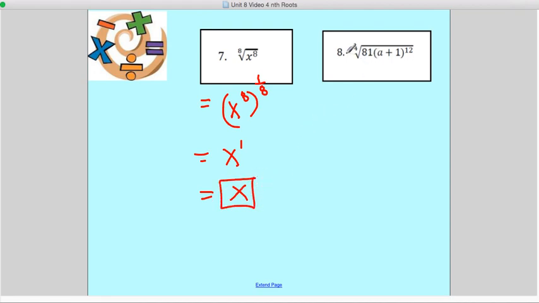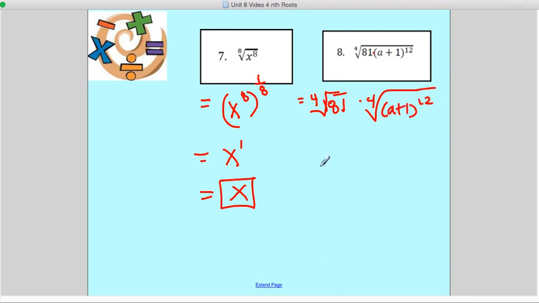Okay. Number 8. I can break this one apart because it's a multiplication here. So I'm going to do the 4th root of 81 times the 4th root of a plus 1 to the 12th.